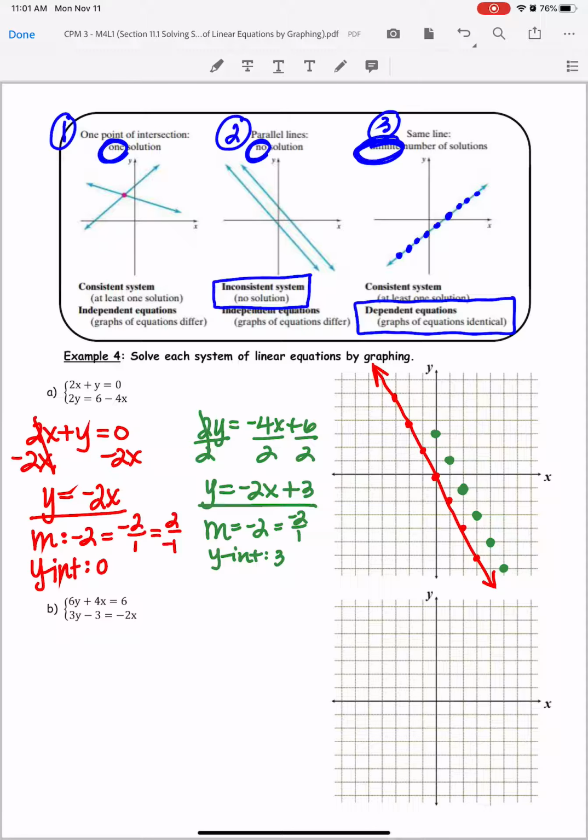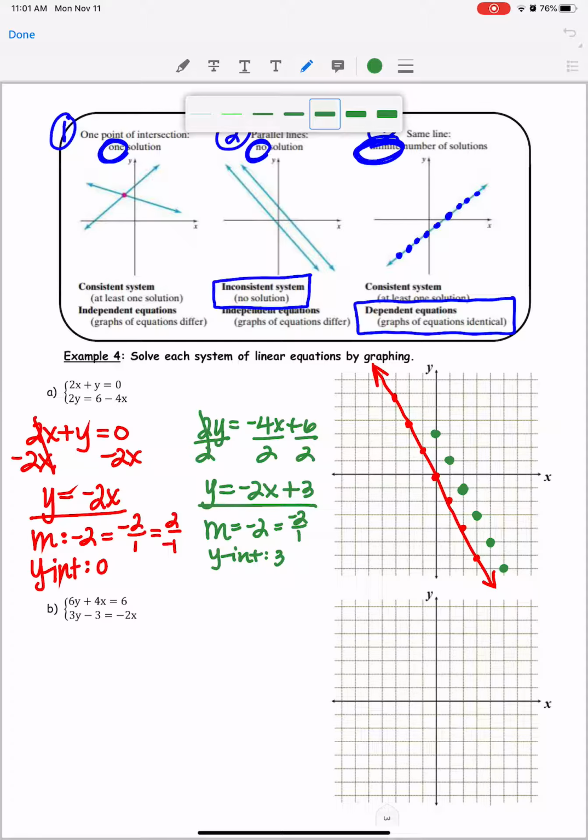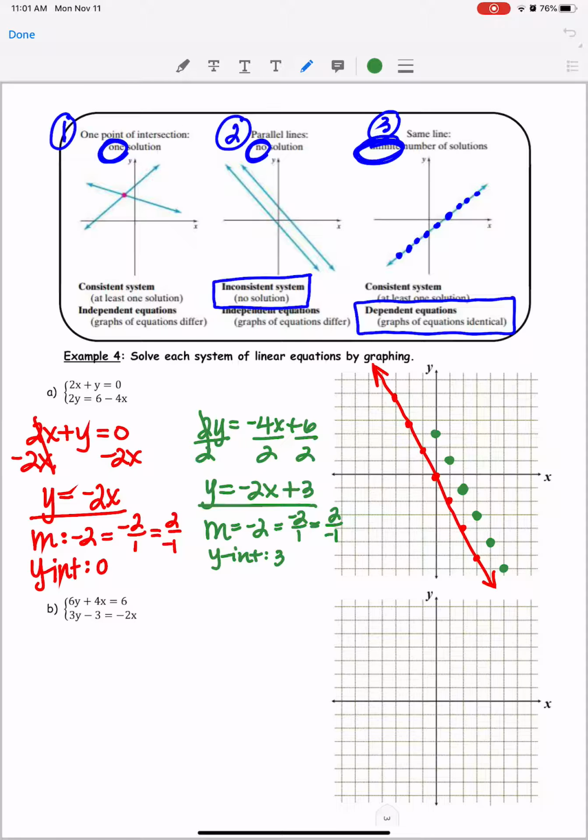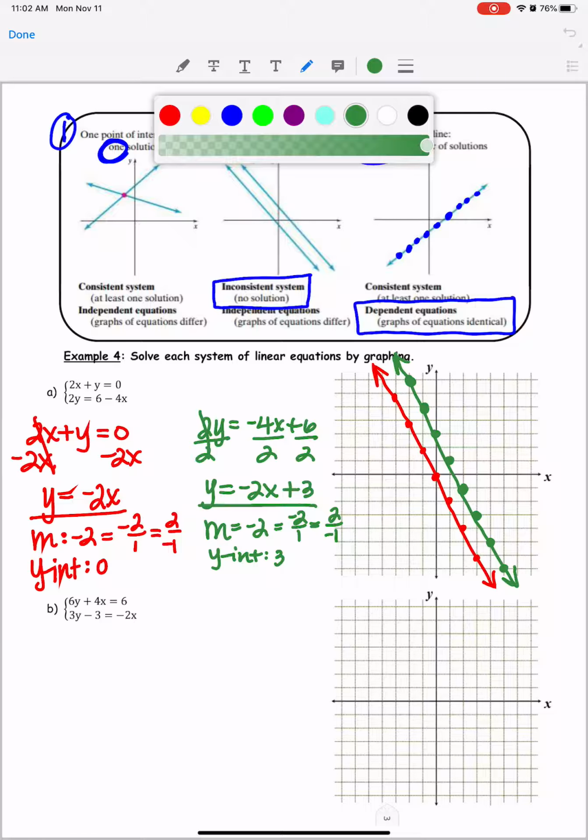Okay, now we went as far as we could one way, so let's switch our negative and make this a 2 over negative 1. Now I'm going to go up 2 over 1, up 2 over 1. Okay, so my second line is right here.